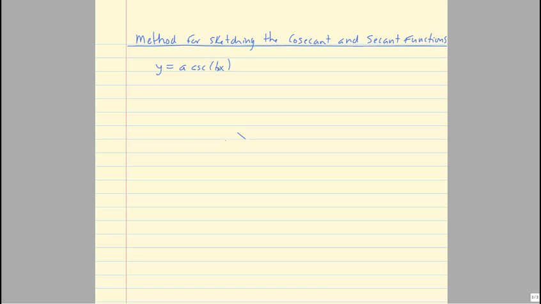My math lab doesn't always do this, but I would want you to do that on quizzes, exams, etc. y equal a secant (bx). So our strategy here is to graph the reciprocal function as a guide. So that would be your step 1.